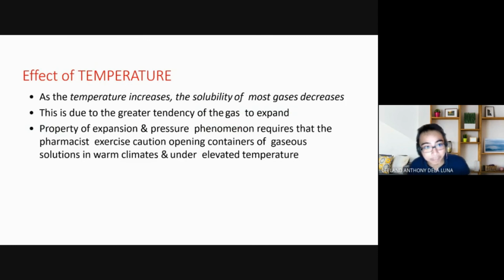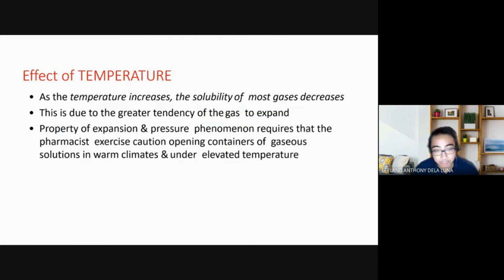Next, the effects of temperature on gas solubility. As the temperature increases, the solubility of most gases decreases. So as much as possible, if we want to dissolve our gas, we do it under cold temperatures. This is due to the greater tendency of gas to expand.